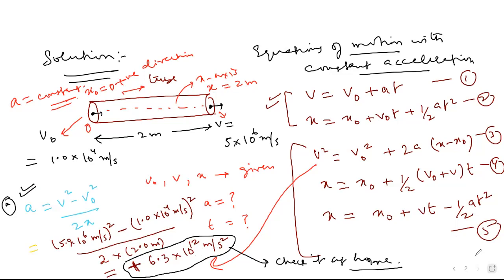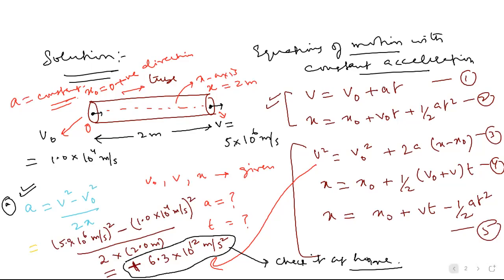Now let us go to part B of the problem, in which we have to find time. Now if you see the fourth equation, that is this. Here, initial velocity is given, V is given, our x naught is 0, x we know, so we can solve for t. So here we use 3. Now I will use 4.